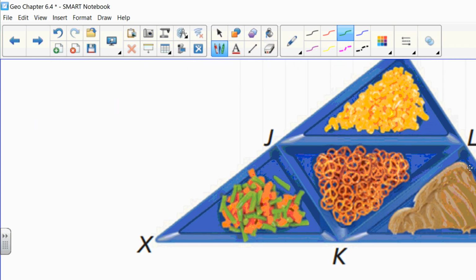So let's look at this one here. Well, it's asking about JL, and KZ, because it's half. Because we know that these two are going to be congruent, and this is equal to half of the whole length. So those three are all going to be congruent.